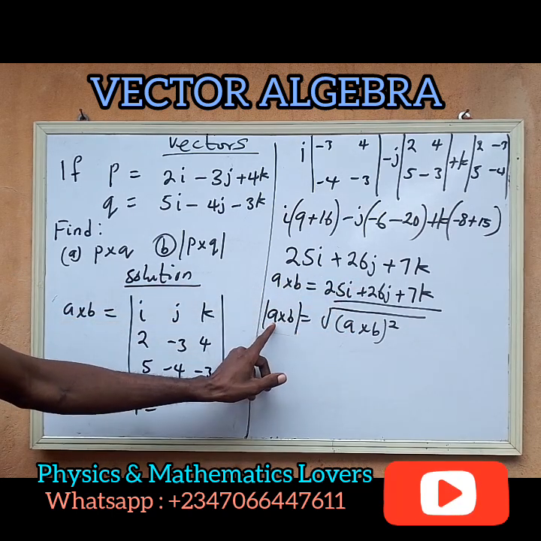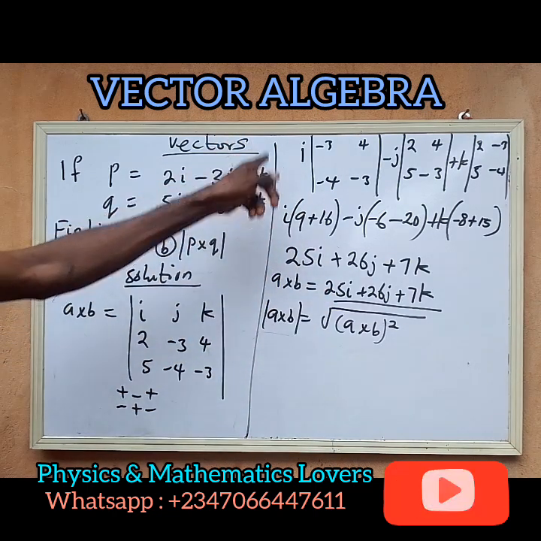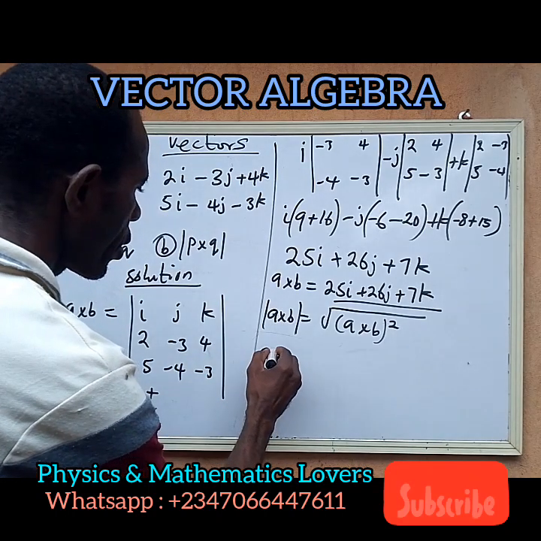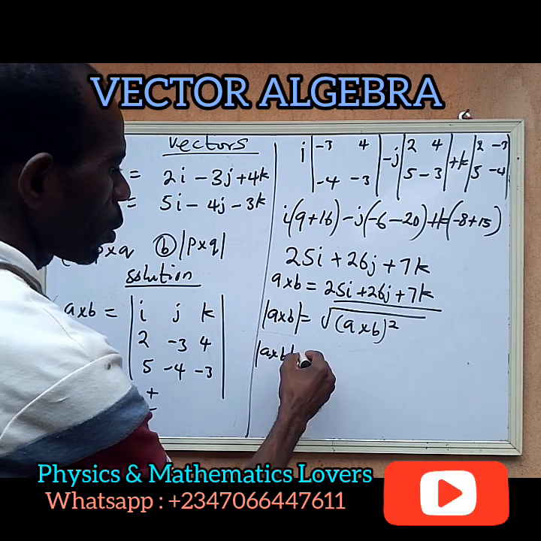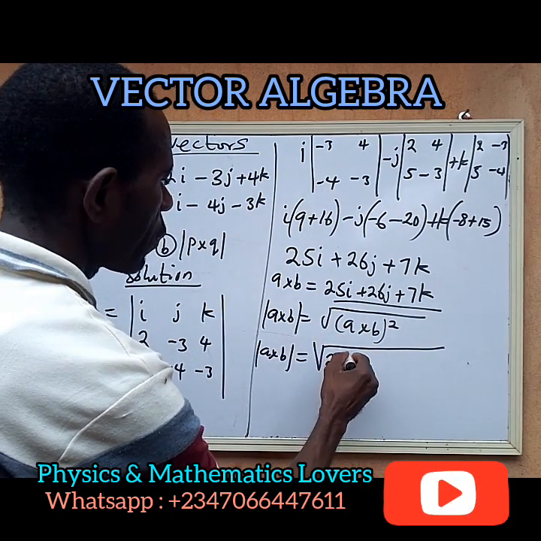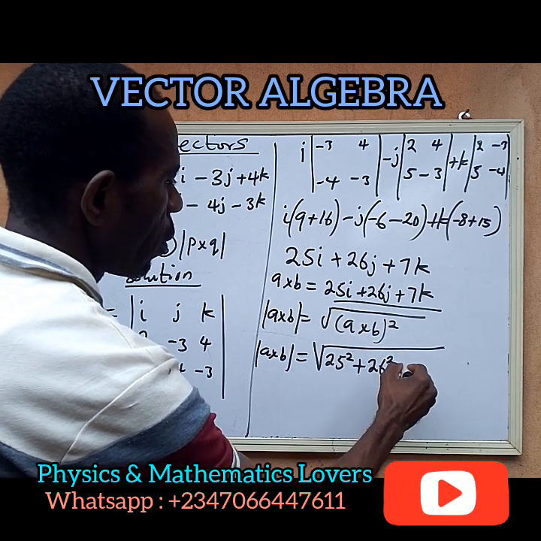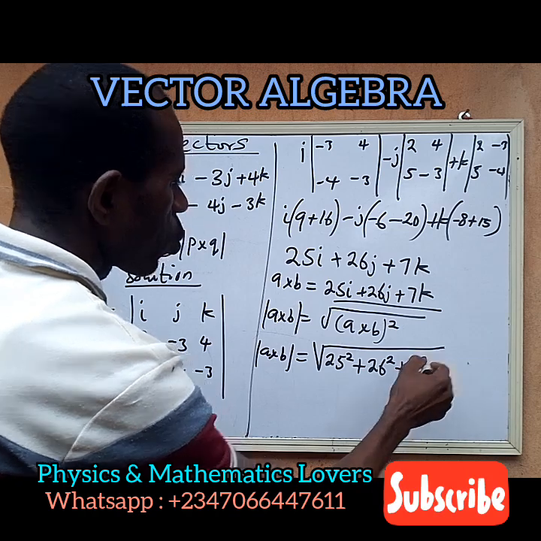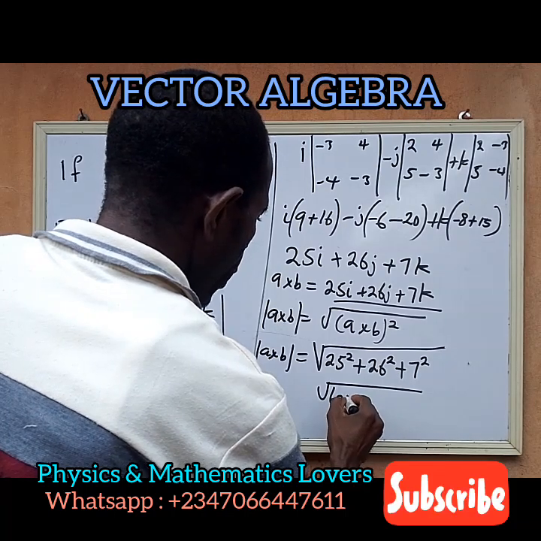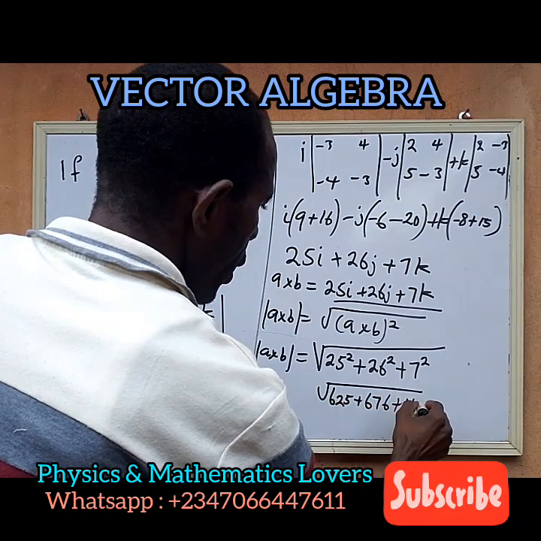If it is a single vector, you square the respective elements, then find the square root of their sum. So the magnitude of the product becomes the square root of 25 squared plus 26 squared plus 7 squared, which is 625 plus 676 plus 49.